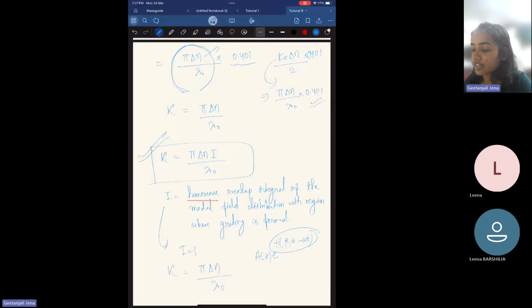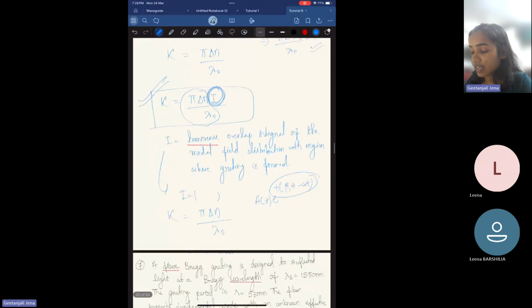In addition to the term that we have seen before, we have an additional term which is the transverse overlap, which is I. Whenever the propagating wave is not a plane wave, you need to calculate the value of I. But if it is a plane wave, we can take I equal to 1. So that is why in question number 1, 2, or the previous question, we have taken kappa as pi delta n over lambda 0 or lambda b.